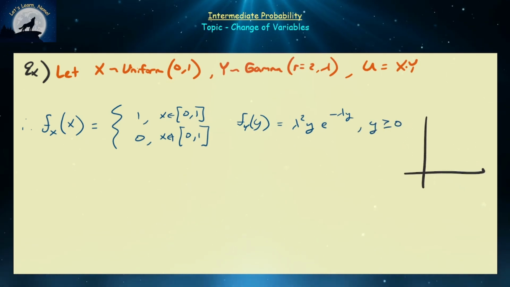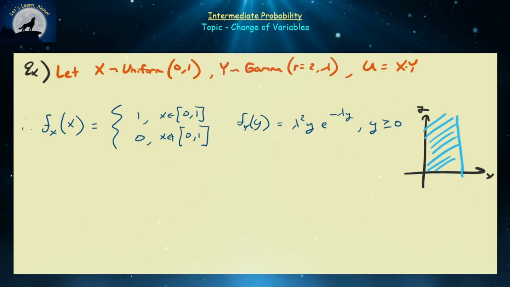And let's see if we can find our domain for the joint distribution between X and Y. So this is going to range from where to where? X ranges from 0 to 1, and Y ranges from 0 to infinity. So what we're looking at is this infinite height rectangle, right? This is the support of f_XY.